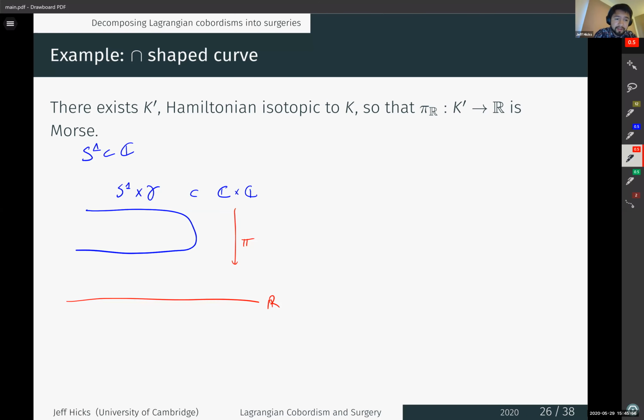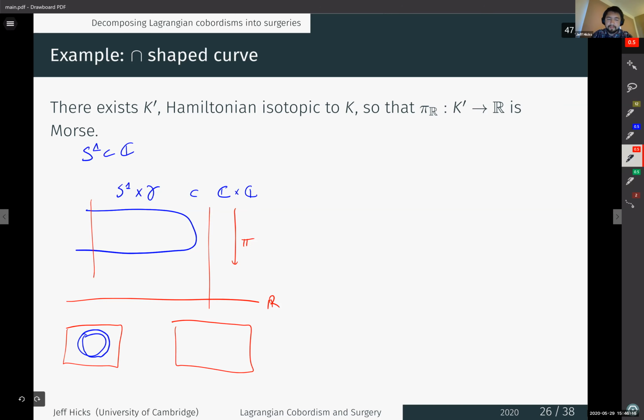In particular, if I look at the slices of this, over here the slice appears to be two circles exactly on top of each other. And then there's only one other interesting slice, over here, where the slice is empty.